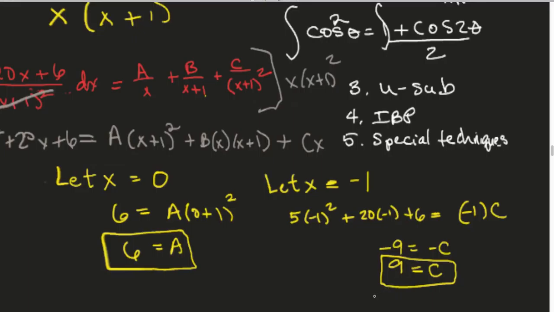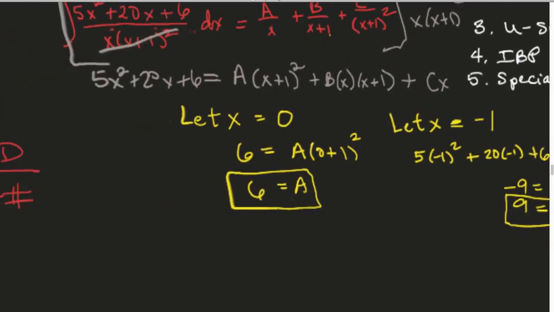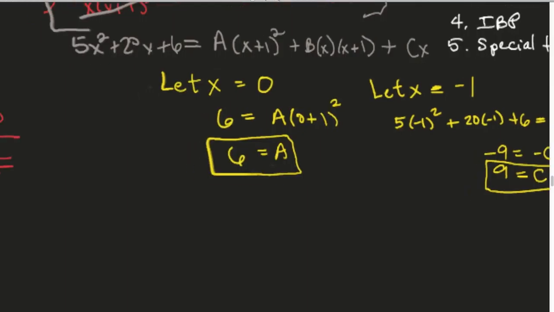Now that we know A and C, we can choose an arbitrary value for x and plug A and C into this equation. I'm going to choose 1 because 1 is nice and easy to deal with.